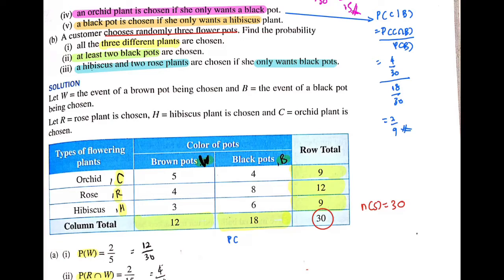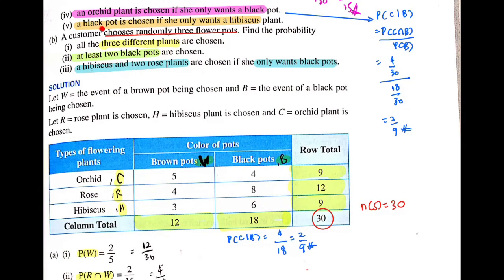Let me write here the probability of C given B. Now your denominator, the number of sample space for black pots, is just 18 because that is all that you have now, a black pot, so it is over 18. Now let's find what is orchid for black pots here. It is 4. So let's write 4 over 18 and just simplify it. You'll get the same answer, 2 over 9. So you have an option whether to use the formula or to just use the shortcut way by focusing on the black pot because that is your first event.